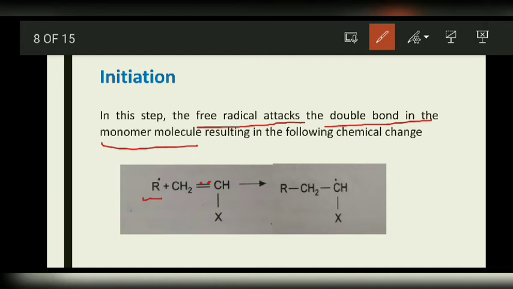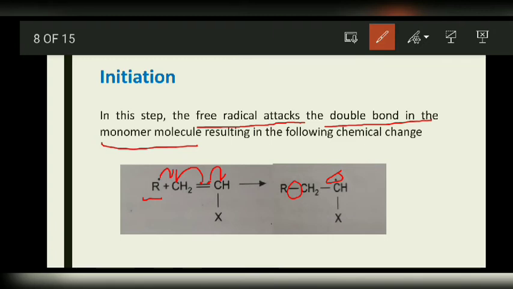Here we show the electron movement like this. This is a half-headed arrow; single electron movement is shown by this arrow. So this attacks this one, and the two together form a bond like this, and this electron shifts over to this carbon. See here, right?